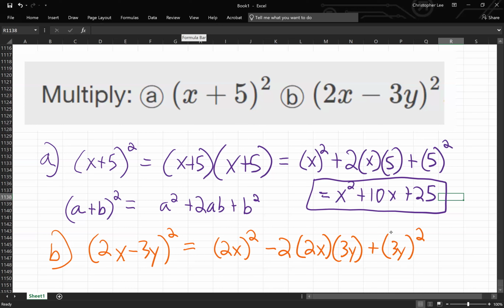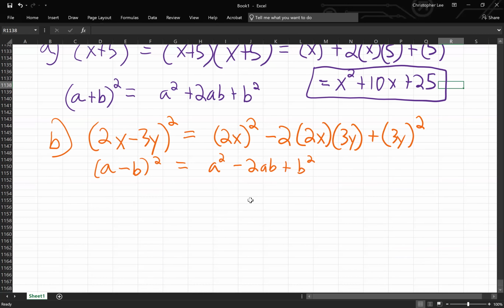My fault, I forgot to write the formula. It's actually a minus b squared is equal to a squared minus 2ab plus b squared. My fault, I forgot to write the formula first.